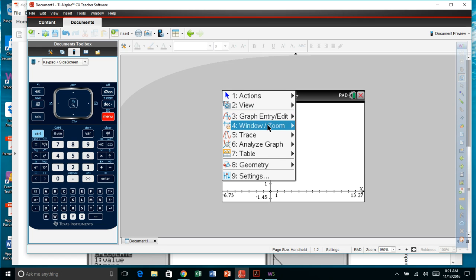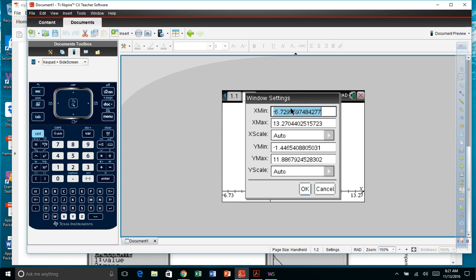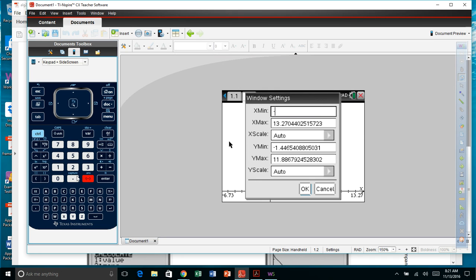Menu 4, 1, and we don't really care about the negative, so negative 1, 10, and we'll use a scale of 1. And Y min is going to be negative 1. And how much was it worth?